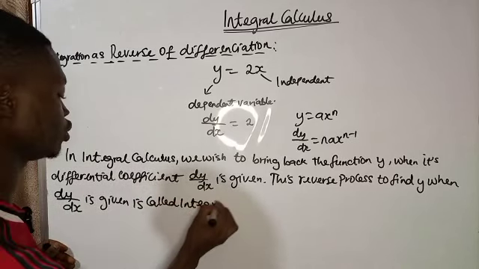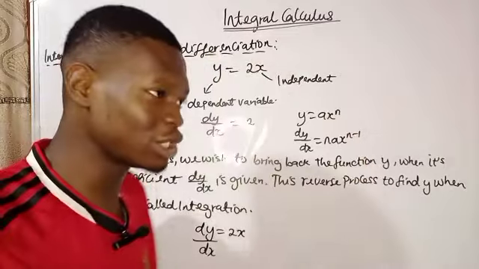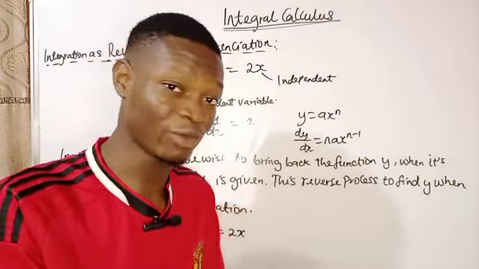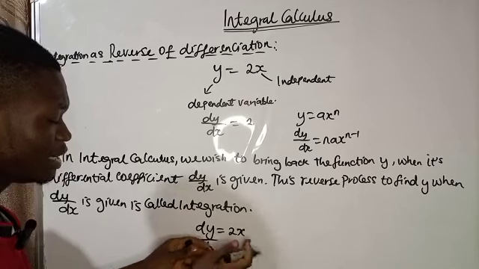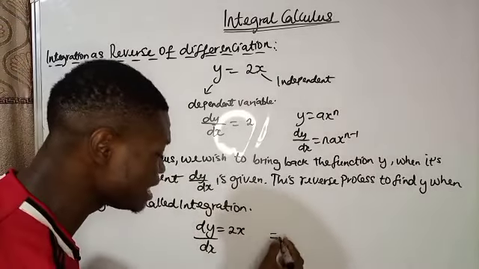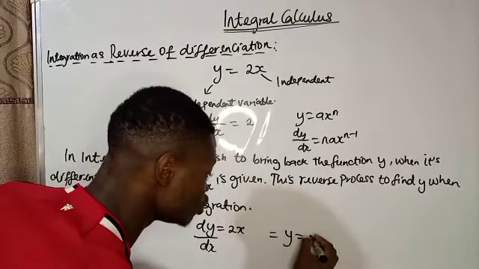So this reverse process of finding y when dy over dx is given is called integration. For example, if I have dy over dx is equal to 2x, because I told you that integration is the reverse of differentiation, somebody can say, I know what differentiation means, therefore to find back my y function, it must have been y is equal to x squared before they differentiated it to get this.